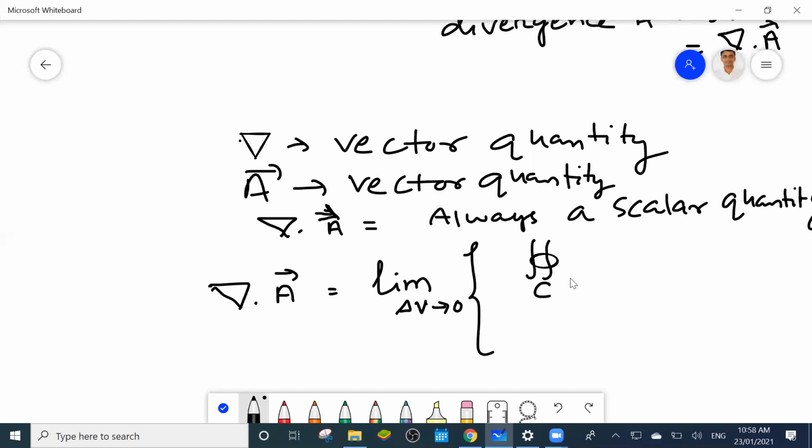Surface integral is S, line integral is C, volume integral is V. This is the physical significance of divergence.